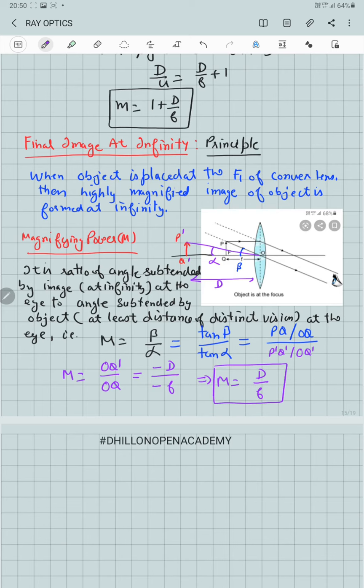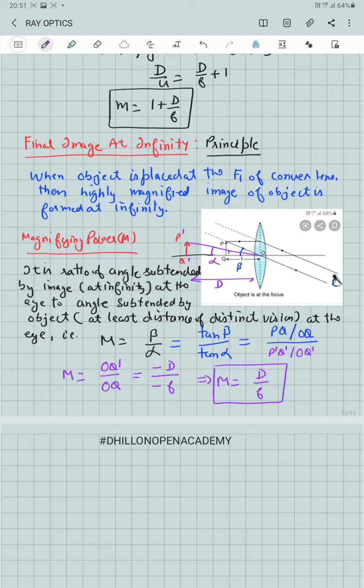In this case, we see that the factor 1 is missing compared to the earlier case. So it will have a lesser magnifying power as compared to when the final image is formed at the least distance of distinct vision. But this view will be much more comfortable than the earlier case.